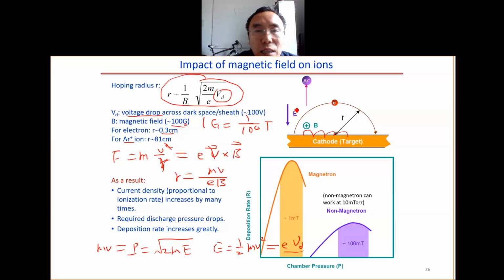So the argon ions are not affected too much by the magnetic field. As a result, non-magnetron sputtering needs a higher pressure. For magnetron sputtering, we can operate at a lower pressure and get a much higher deposition rate than normal non-magnetron sputtering.